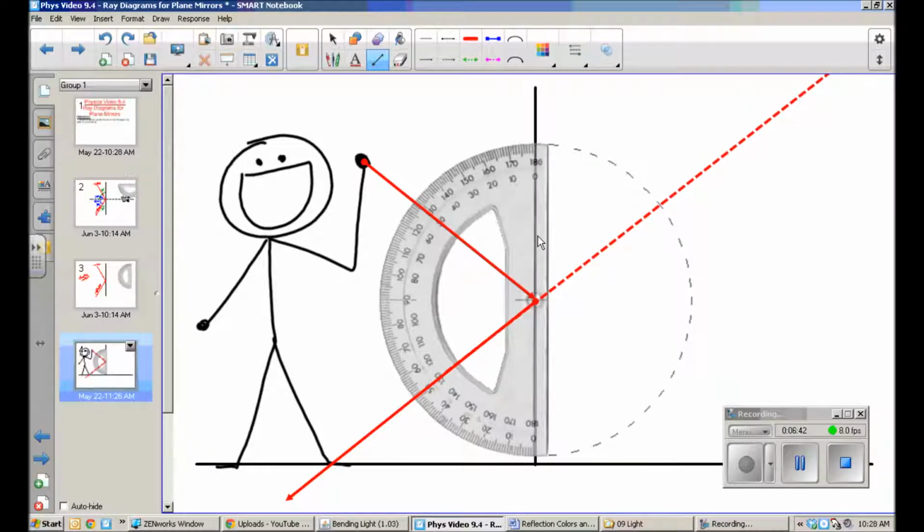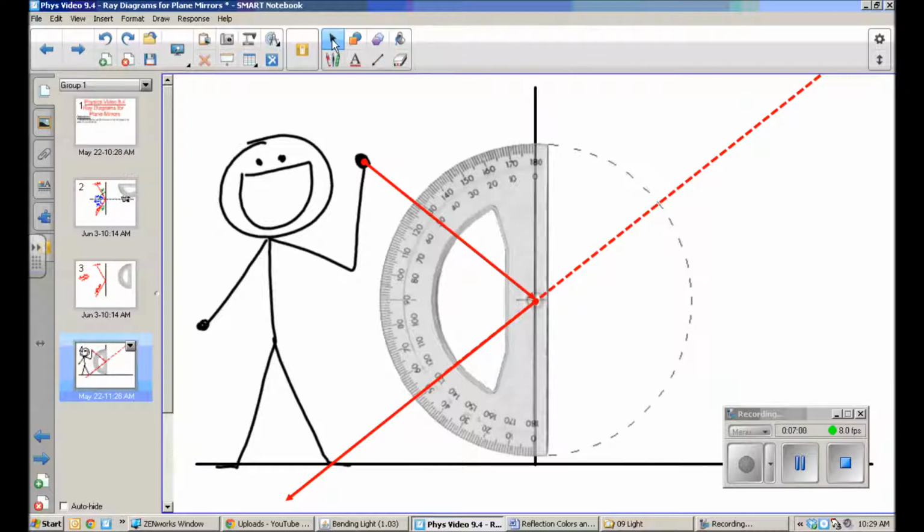Notice I'm just extending the reflected beam. So our image is going to be somewhere on either the reflected beam or the extension of the reflected beam. To figure out exactly where it is, we're going to repeat this process.